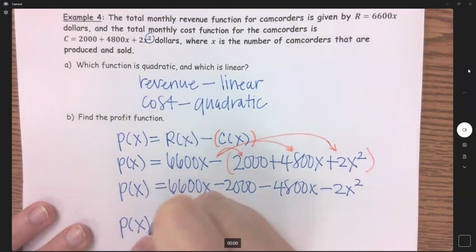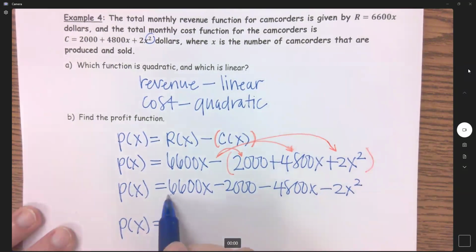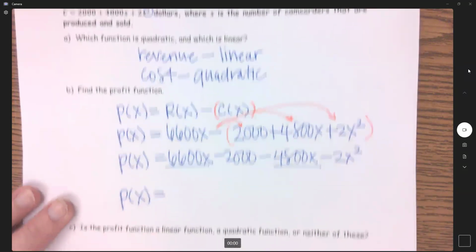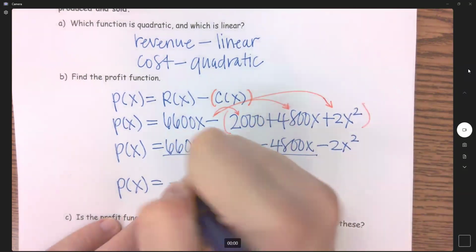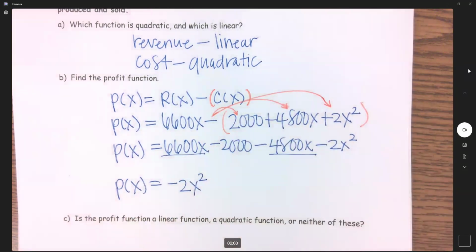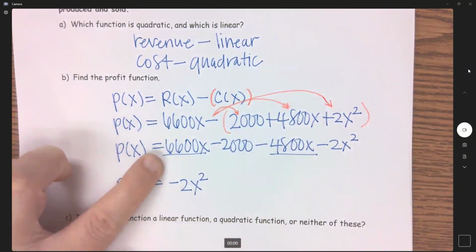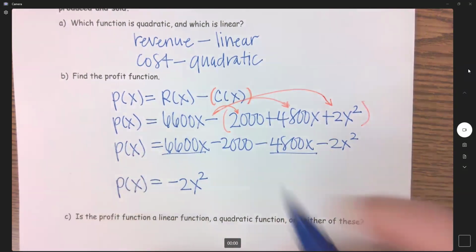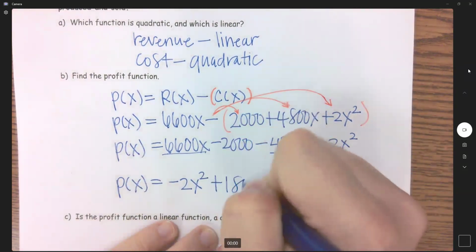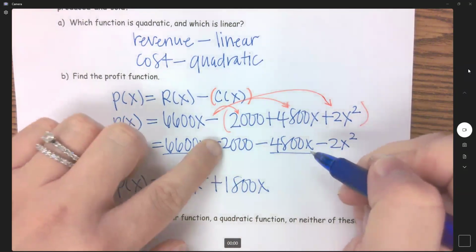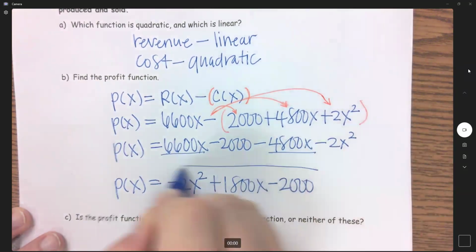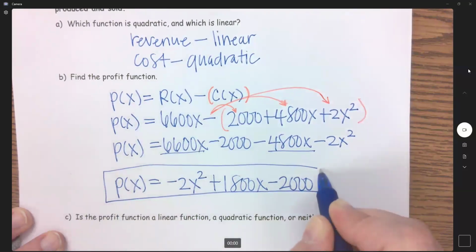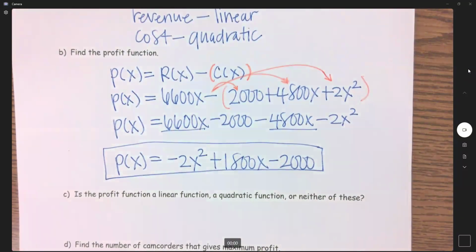Now let's combine our like terms, and here are my like terms right here. So if I want to put this in descending order, I want to start with my negative 2X squared. 6,600 minus 4,800 is going to give me a positive 1,800X, and then bring down your minus 2,000. So there is my profit function.